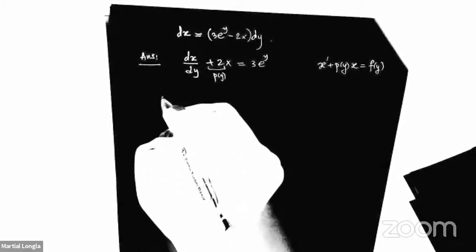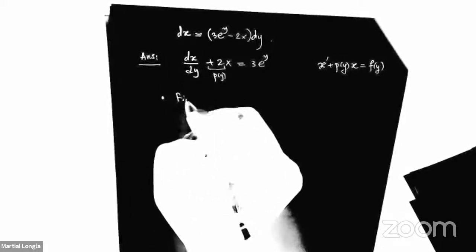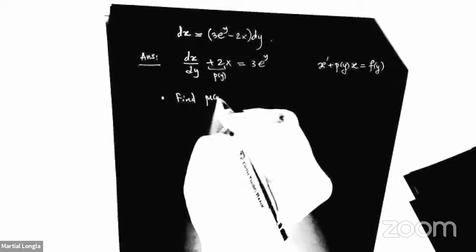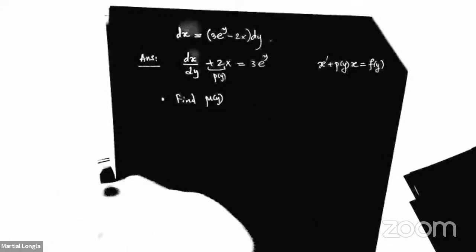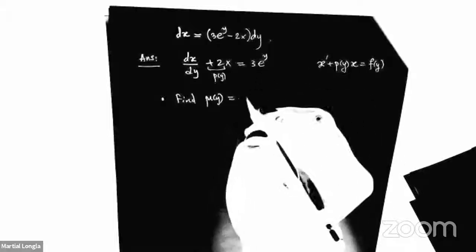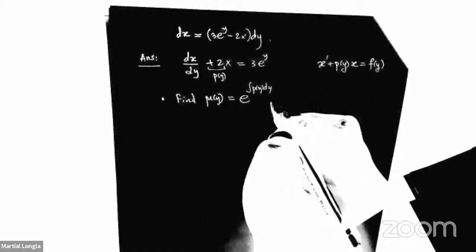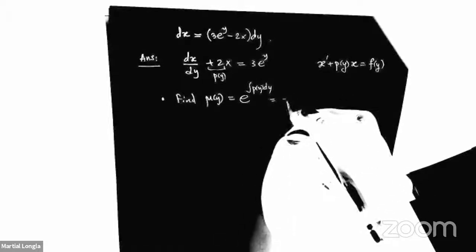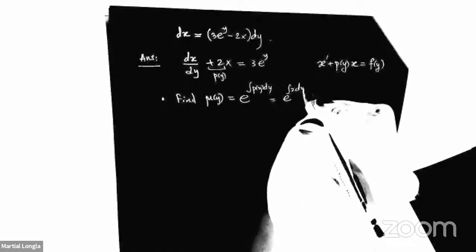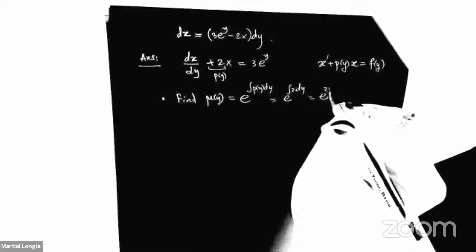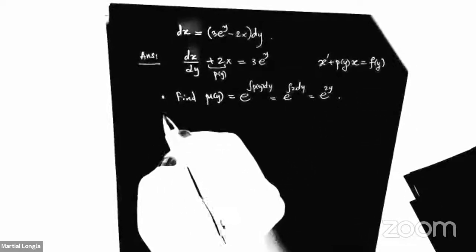So here we find mu of y because the problem is linear in x. So mu of y is e to the integral of p of y dy, and that is e to the integral of 2 dy, which is e to the 2y. Again, we don't care about the constant.